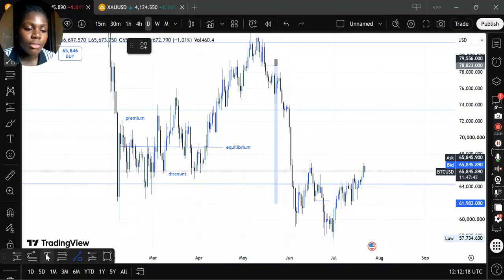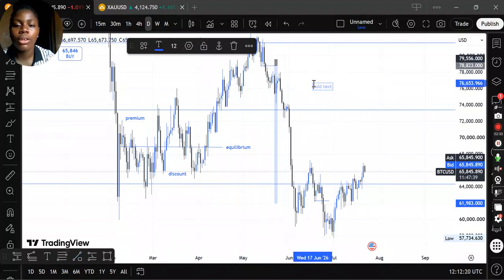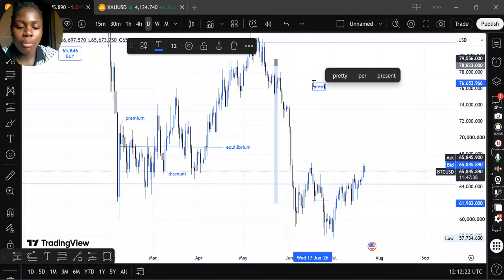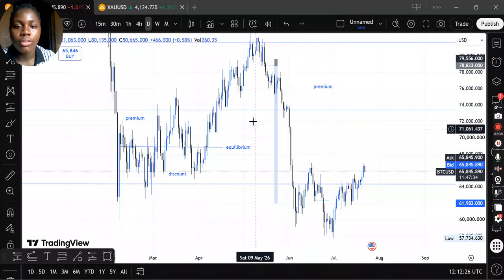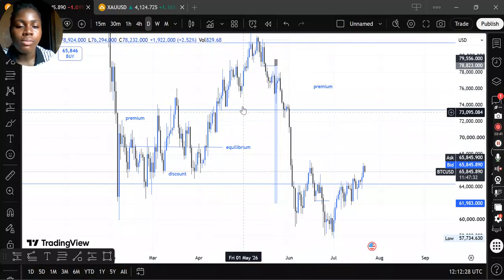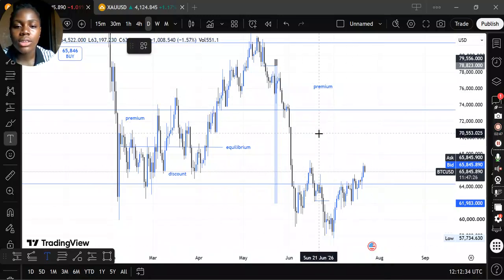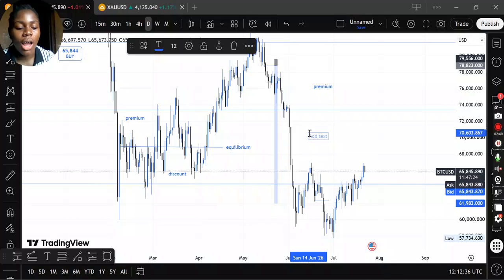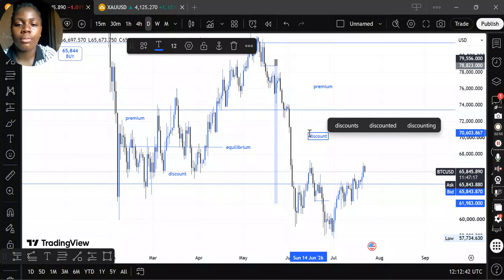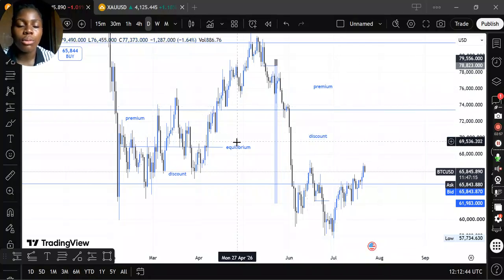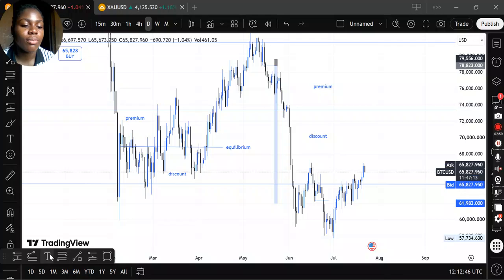Then we're going to have the premium level sitting up here, and the discount beneath the line, the lower half, and then the equilibrium, which is the line.